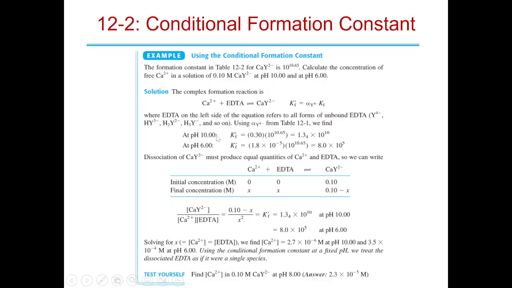So at pH 10, we get an activity of 0.3 off of that table. Remember the activity table? The higher pHs give you larger activities, or activities closer to 1, right? That's why typically you use a buffer solution up in the pH 10 to 11 region. And then this would be your KF right here. You multiply those together, that will give you your modified KF, or your KF at that pH, okay?